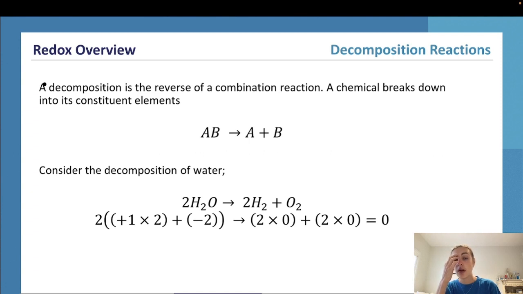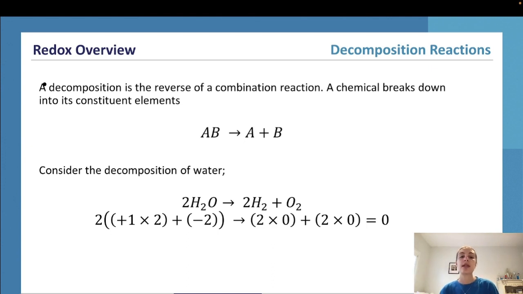So often you can have a combination reaction that is reversible and can reverse back down into this. So if we're to consider, for example, the decomposition of water, it's basically just the opposite of what we just looked at before.